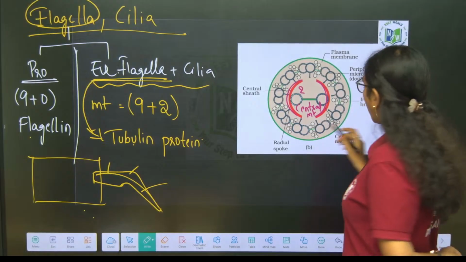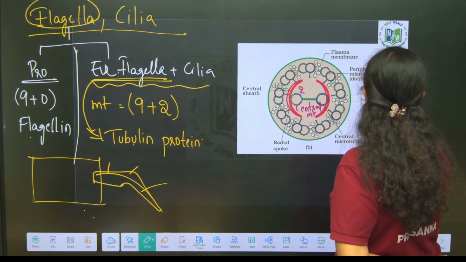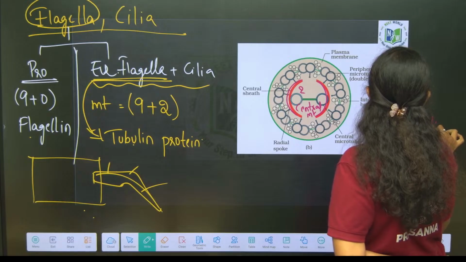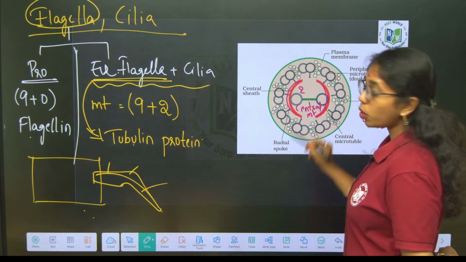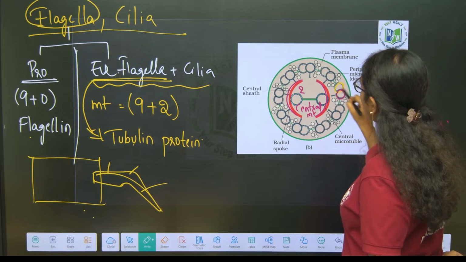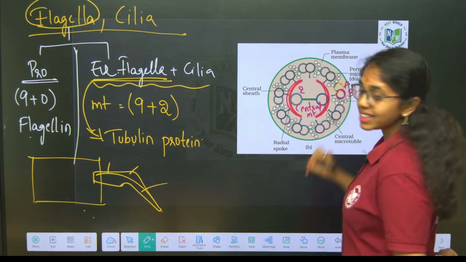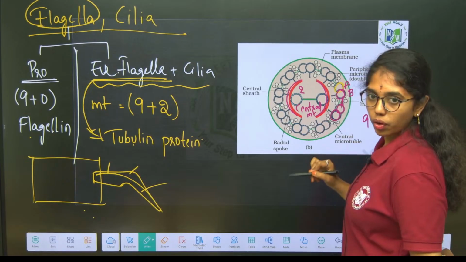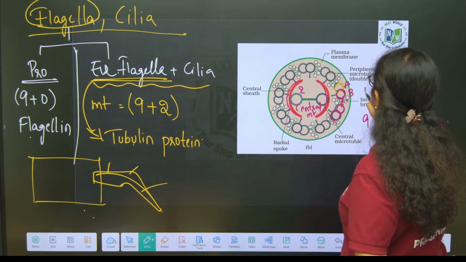Yes or no? How many radial spokes? 9 radial spokes. Each radial spoke is having 2 peripheral microtubules. You can say it as AB. So, total how many AB connections here? Okay? And this is by the protein dynein.